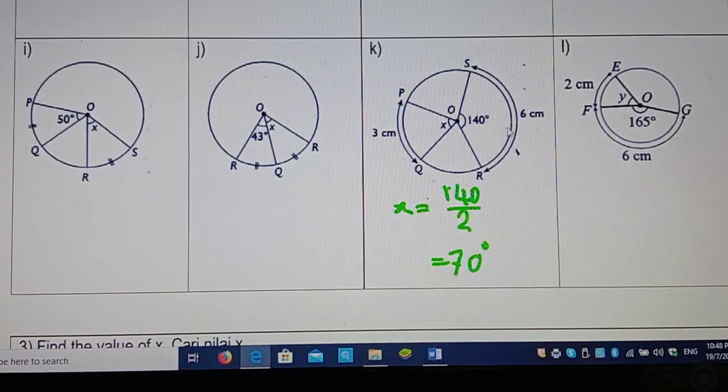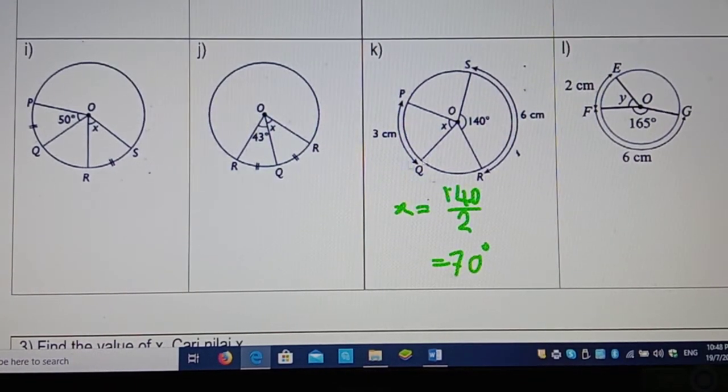Okay, so it's one of the problem solving.